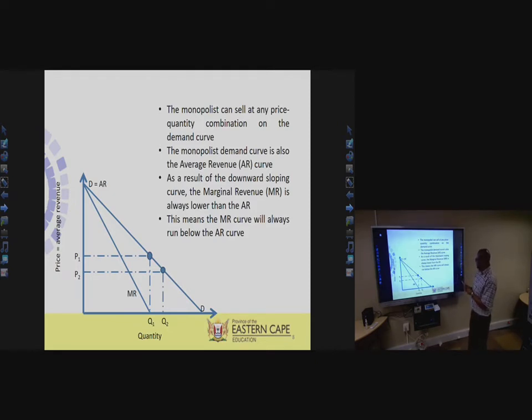As a result of the downward sloping curve, the marginal revenue, that is MR, is always lower than the AR. You see, there is your AR, but the MR always falls below the AR. This means that the MR curve will always be below the AR curve.